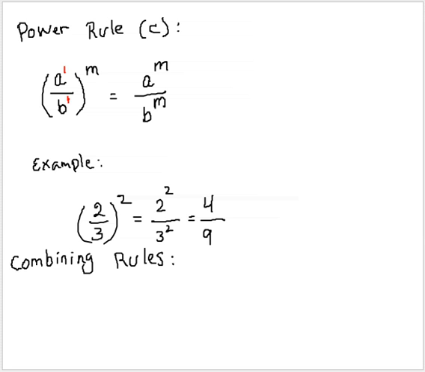Let's say we want to evaluate 2a to the power of 2, c to the power of 1 over b to the power of 3, the whole thing to the power of, let's say, 3.